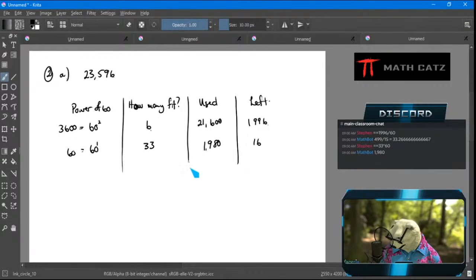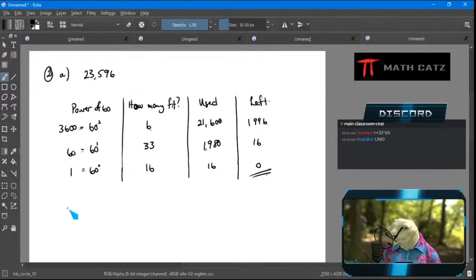Don't need a calculator for that. And the 16 will be picked up by the ones, which is technically a power of 60, 60 to the 0, though you don't have to worry about that. The leftovers. All of the leftovers are used. Nothing is left. And I'm done with my breakdown.